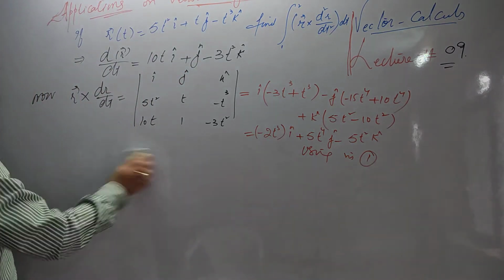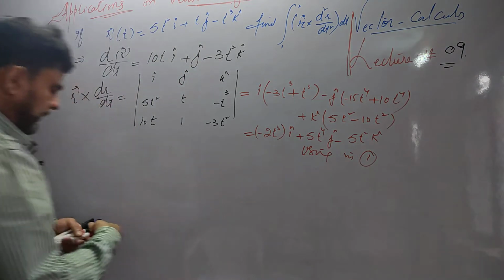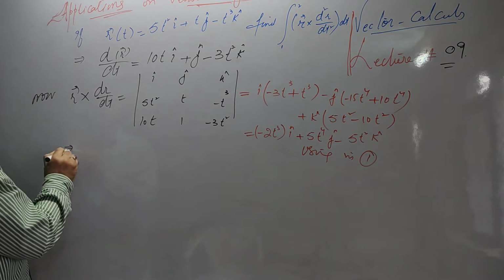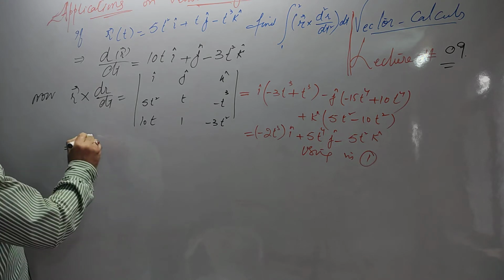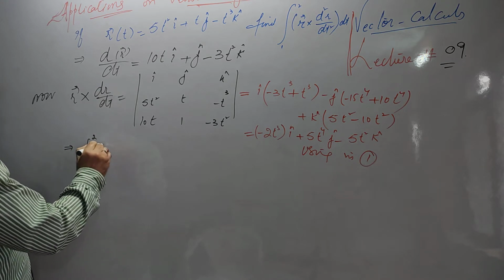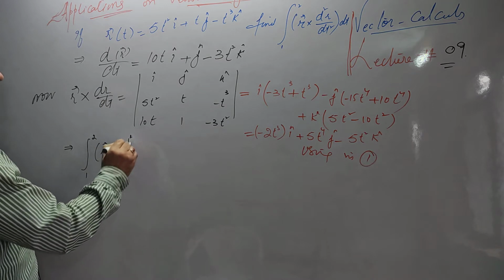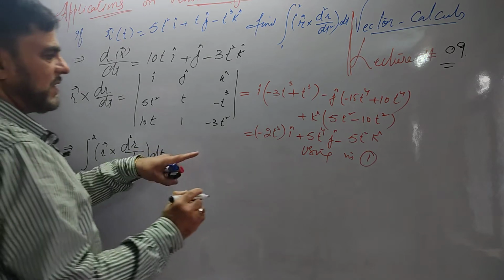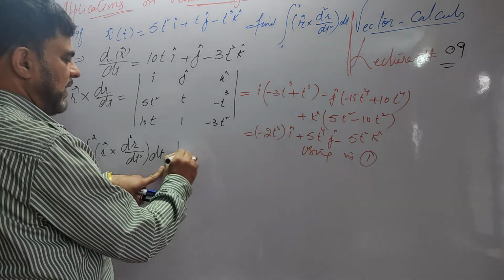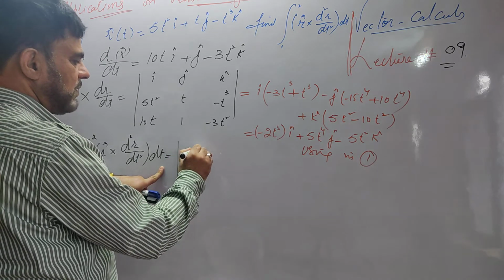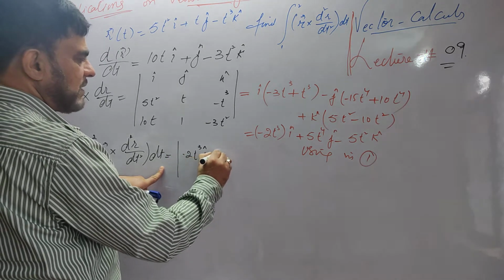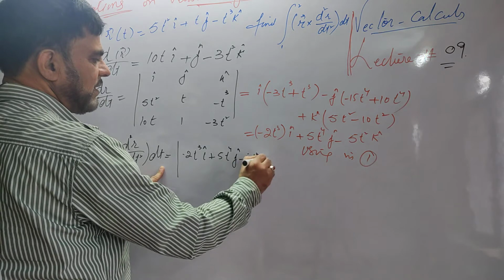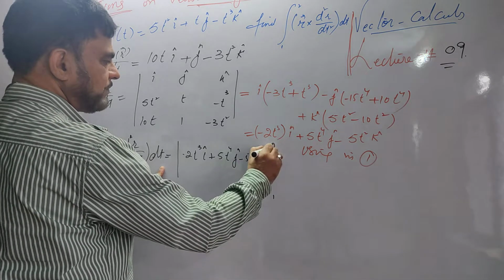We use this result in equation number 1. This gives us the integral from 1 to 2 of r vector cross d2r by dt square dt, which gives this value: minus 2t cube i, plus 5t^4 j, minus 5t square k, from 1 to 2.